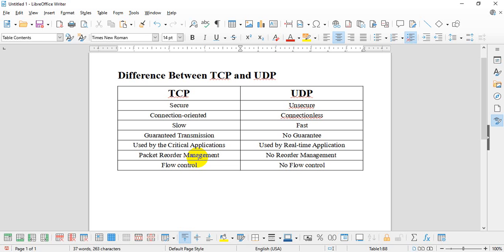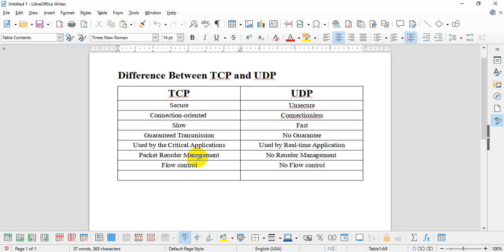It will not receive them. Okay, if it just receives 5 Mbps per second, the other 5 Mbps of data will be discarded. So we do not have any flow control in UDP, but in TCP we can control the flow of data.